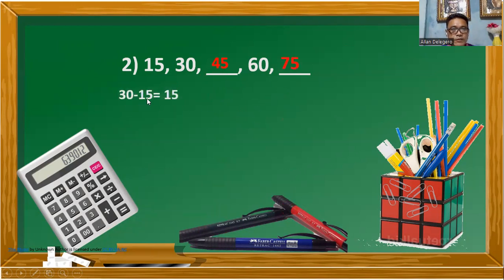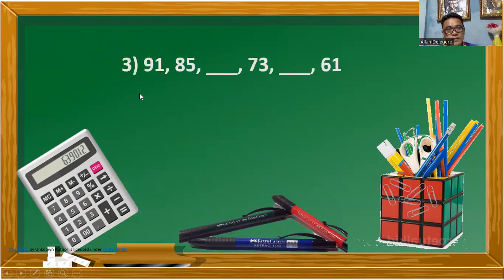So 30 minus 15 is 15. So we have to add 15. So 30 plus 15 is 45. 45 plus 15 is 60. Then 60 plus 15 is 75.